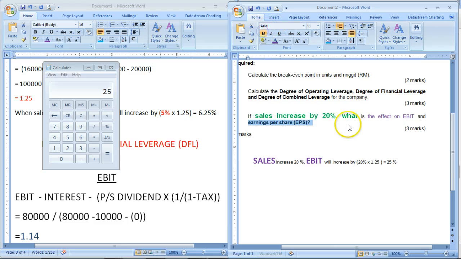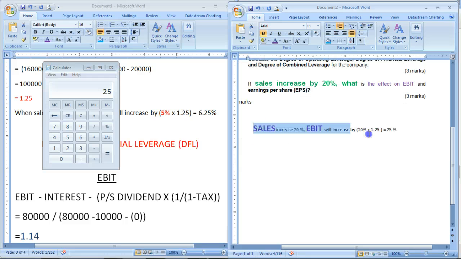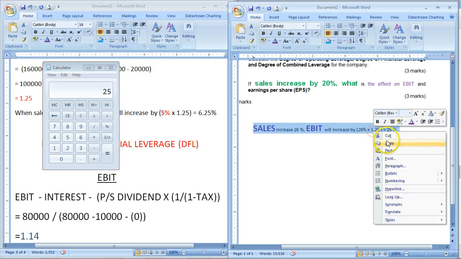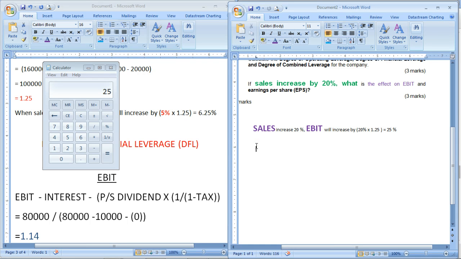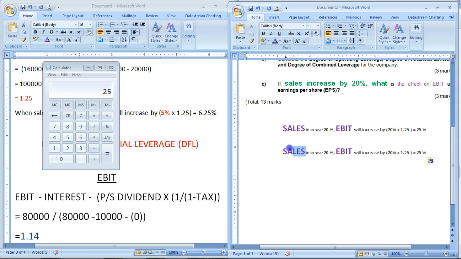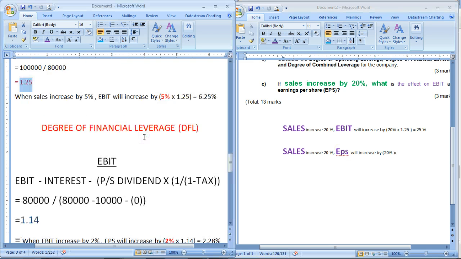EPS. Between what? Is it EBIT or sales now? The question provides you sales. If the question provided you EBIT and EPS, then you can use DFL. But now you are using DCL. Why DCL? Because the question provides you sales here, so it automatically gives the effect on EPS. But is it the same answer? No, class. Why? Because EPS uses the DCL answer.